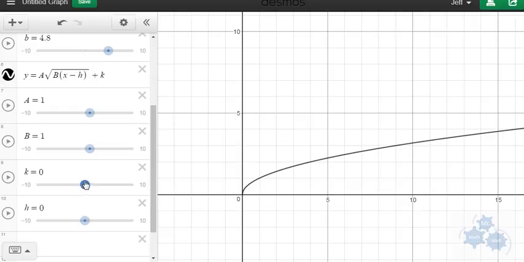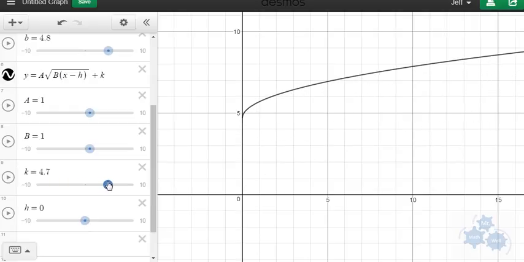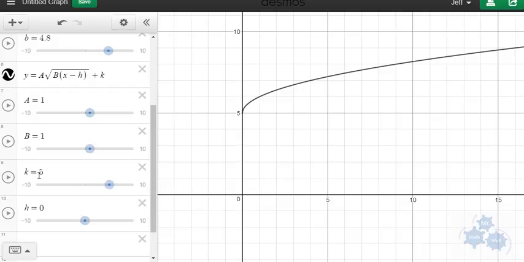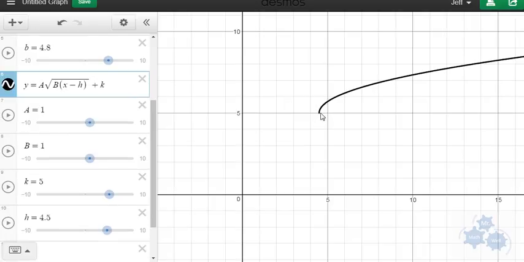Now if I move this k value, now it's y greater than or equal to whatever k is. Y is greater than or equal to 5 for the range. Okay? And of course, if we move both of these around, now the domain starts here and is greater than, and the range starts here and is greater than. Okay? Yep. Question?